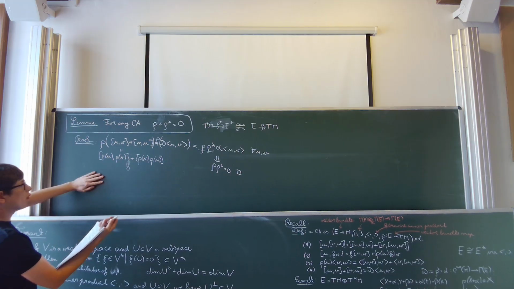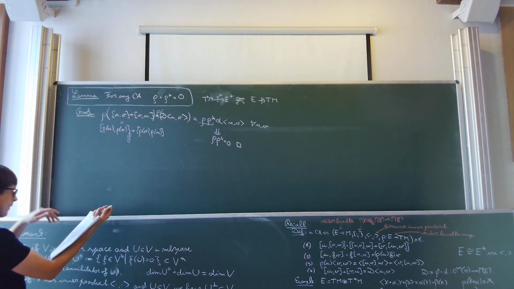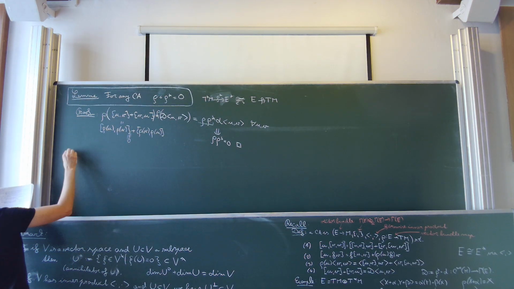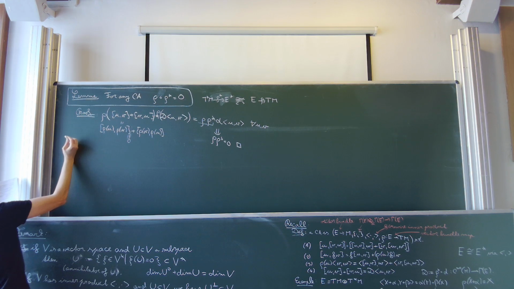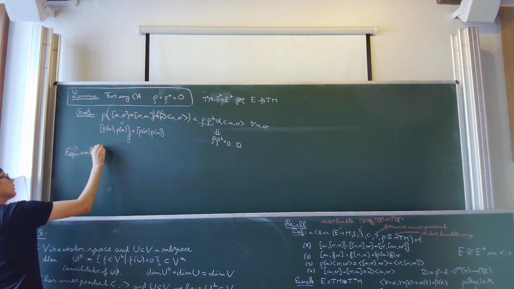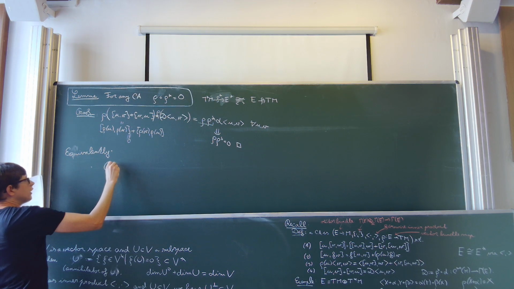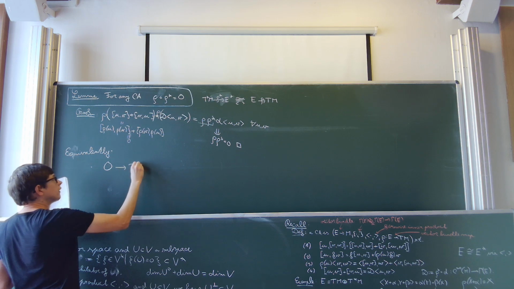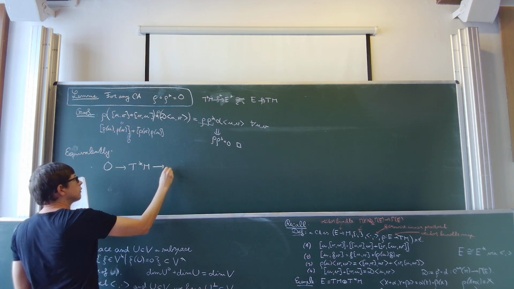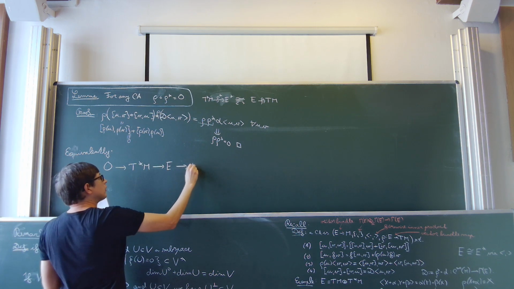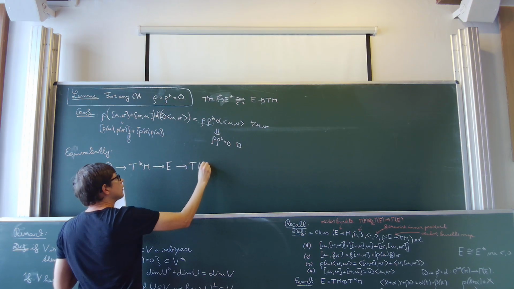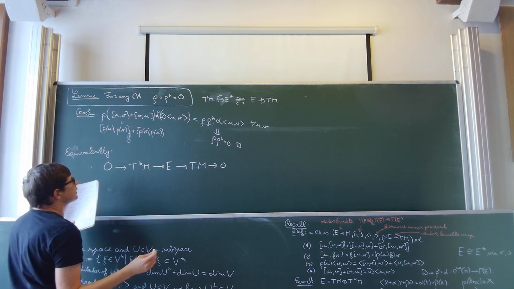Okay, now there are a couple of equivalent ways to say this. One way is to say that if you put all these things together, then you get a short exact sequence. Sorry, not short exact sequence, complex.